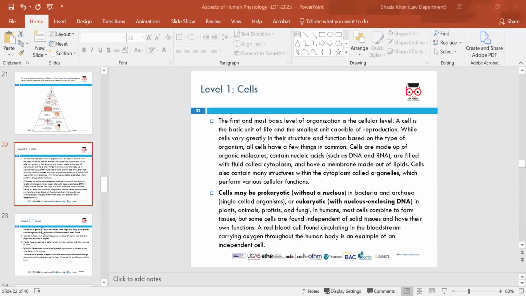The next one is the tissue in the body. And there are 4 basic tissues, like we explained before: connective tissue, epithelial tissue, muscle tissue, and nervous tissue. And we looked at the elements of the tissue structure.